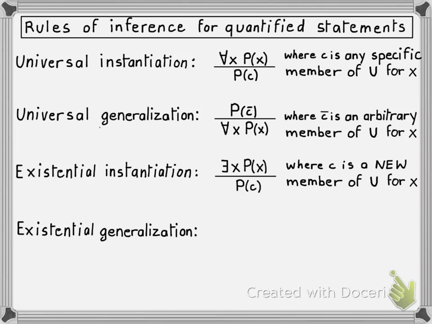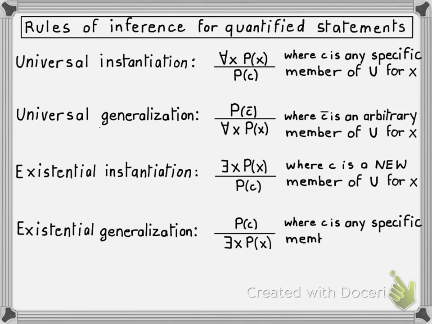As you can imagine, it allows you to generalize from a specific proposition to a quantified proposition where the quantifier will be an existential one. So there's only one premise in this rule, and it's P of c.